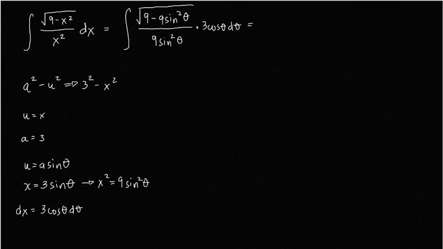So first we have 3 over 9 here, so that is 1/3. Then we have a common term sa loob ng square root, which is 9, so we will factor that out. So this is 1 minus sine squared of theta. Then we have here, okay, this is simply sine squared of theta na lang. Then we have cosine of theta d theta.